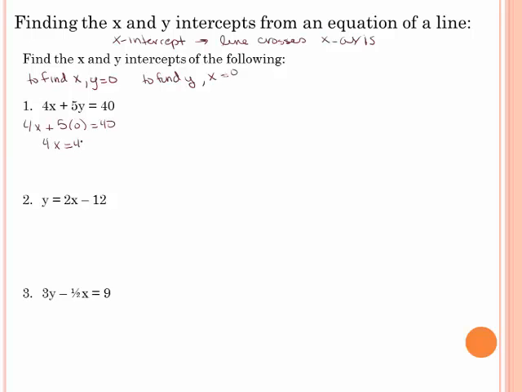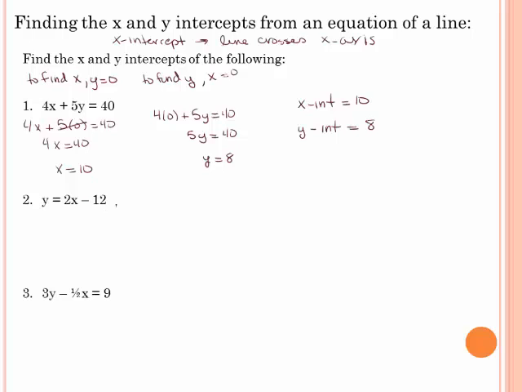So 4x is equal to 40, because the zeros make that go away. So x would be 10. This is our x-intercept. To find our y-intercept, we plug in 0 for x, which gives us that 5y is equal to 40, which gives us that y is equal to 8. So our x-intercept is 10, and our y-intercept is 8.